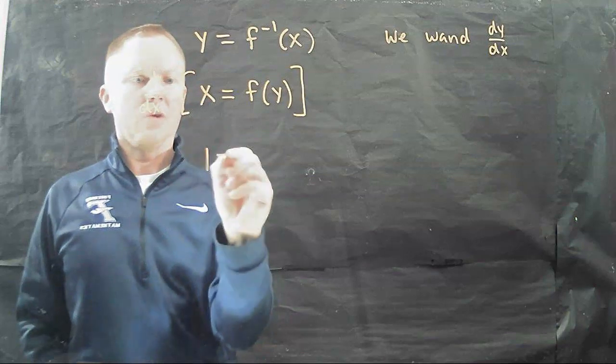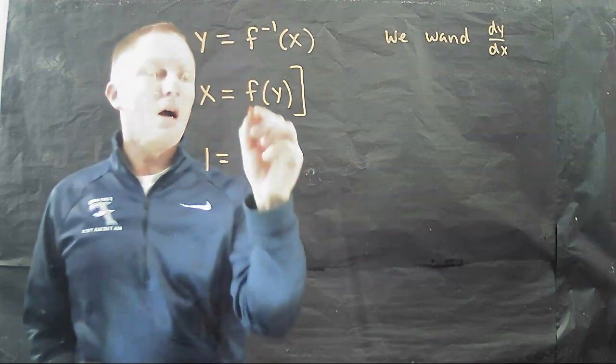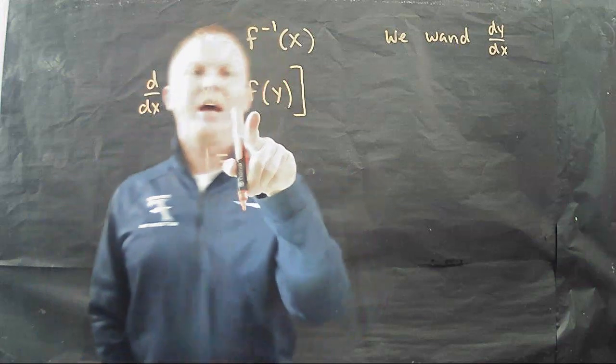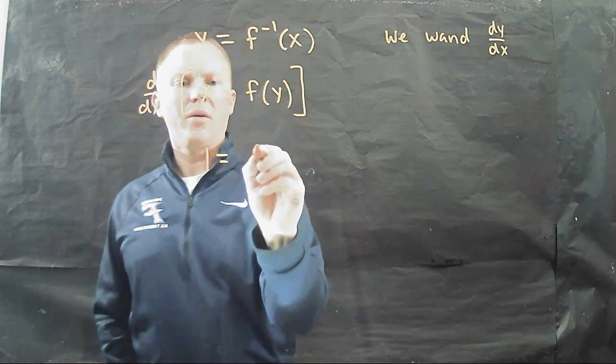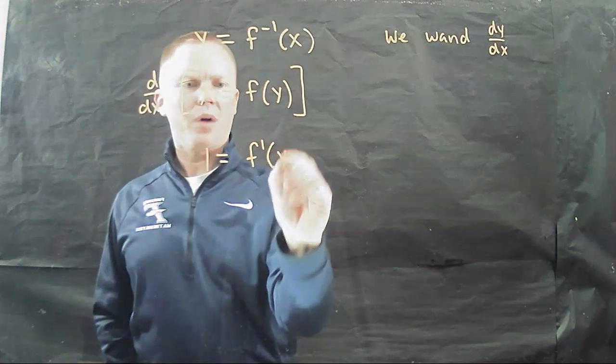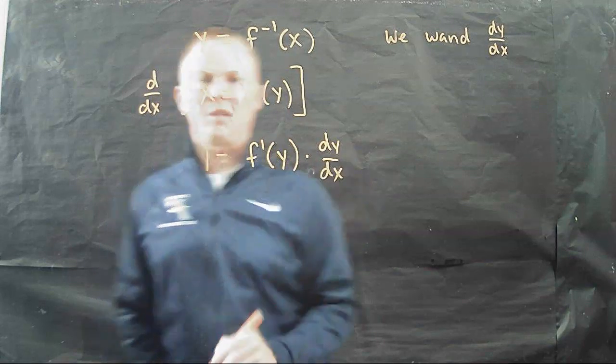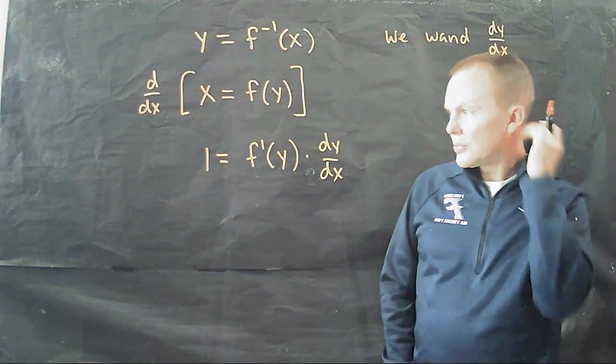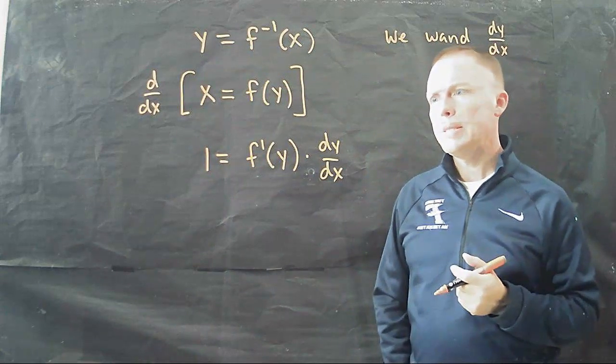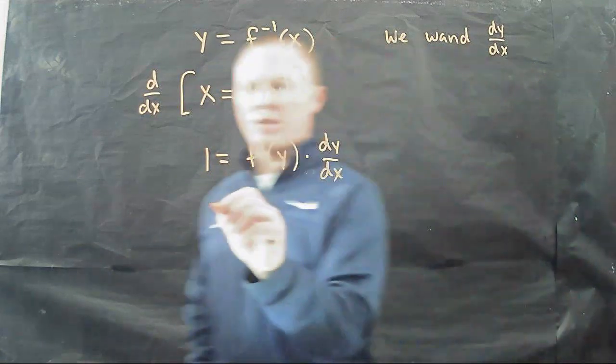And the left side is 1. Notice the theme here. What's the derivative with respect to x of f of y? Well, it's going to be f prime of y times dy dx. All right? And now we'll solve this for dy dx.